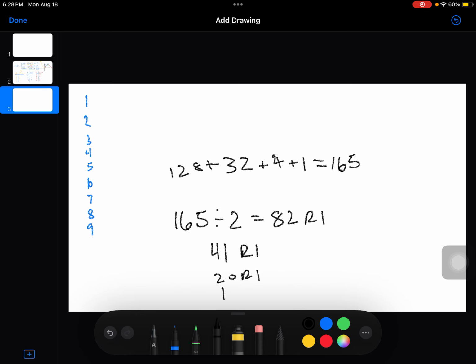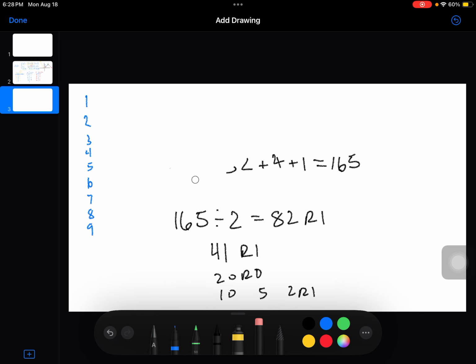Divide by 2 again, we get 41, remainder 0. Divide by 2 again, we get 20, remainder 1. Then 10, remainder 0, and 5, remainder 0, and then 2, remainder 1, and finally 0, remainder 1.